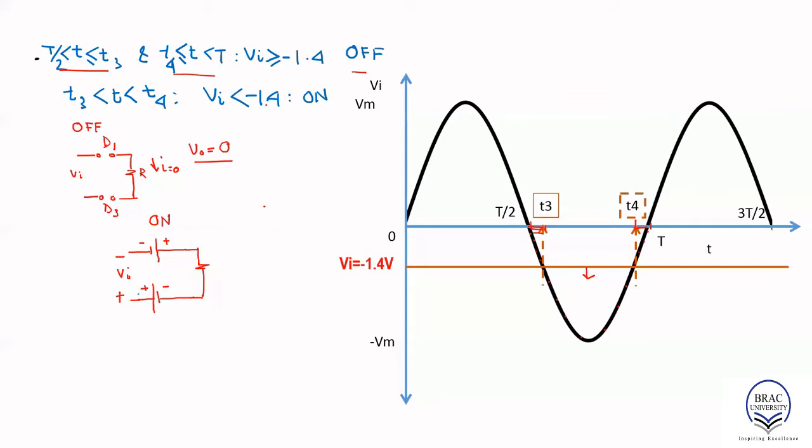And let's say the current is flowing always from positive terminal to negative terminal. The real current always flows from positive terminal to negative terminal through external circuit. So this is the direction of the real current.